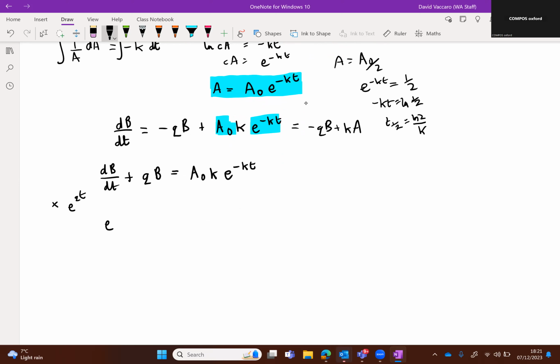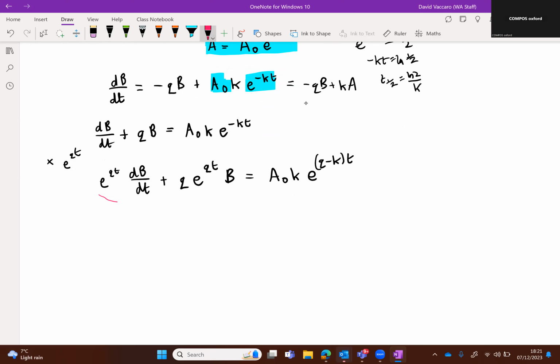So we get e to the qt dB by dt plus q e to the qt B is equal to A0 K e to the q minus k t.